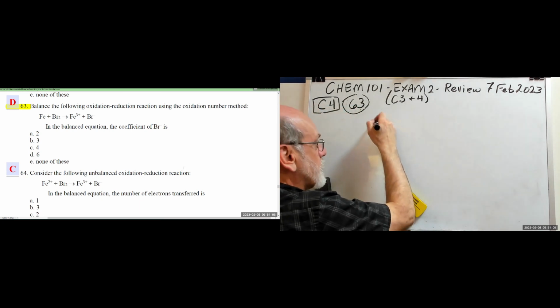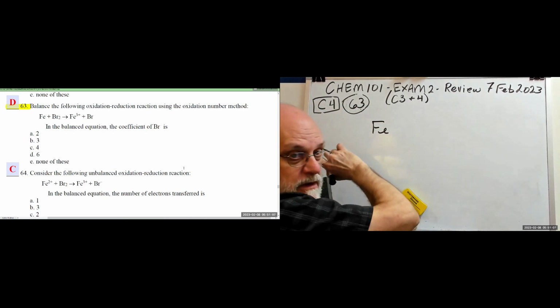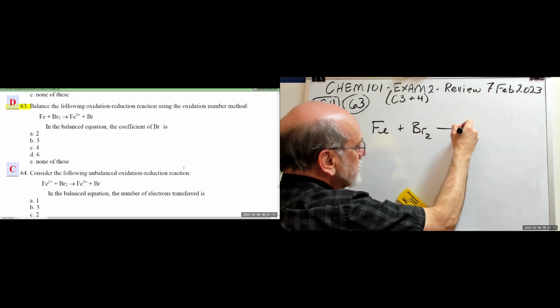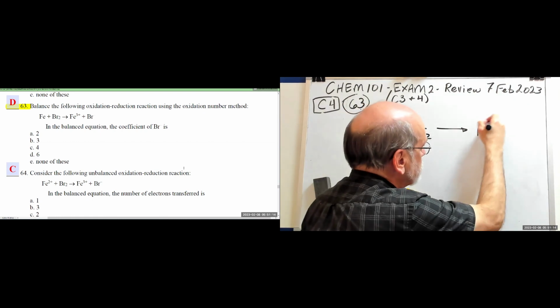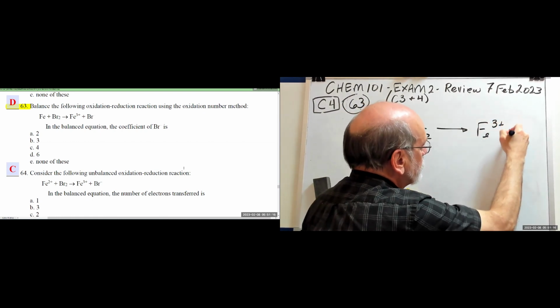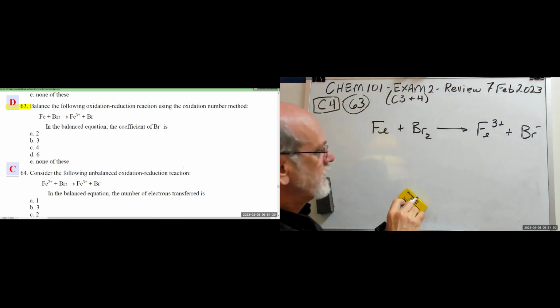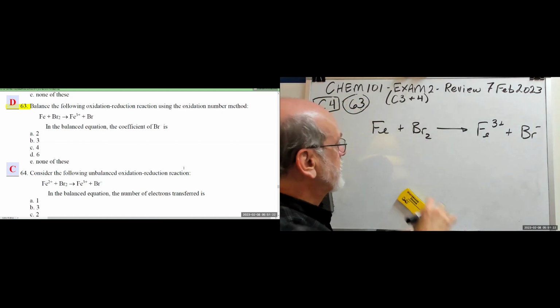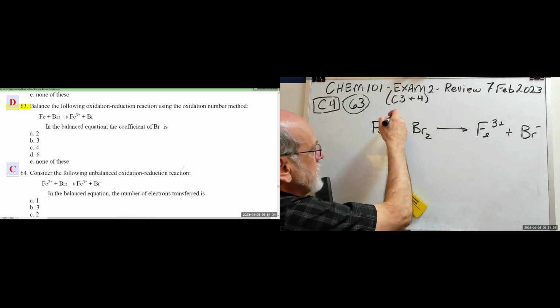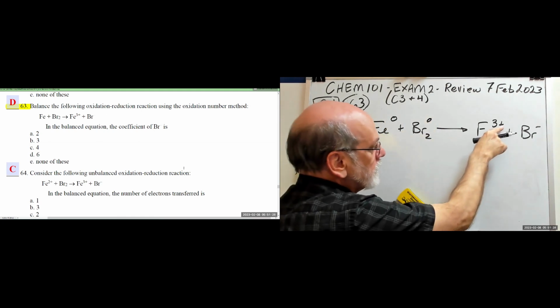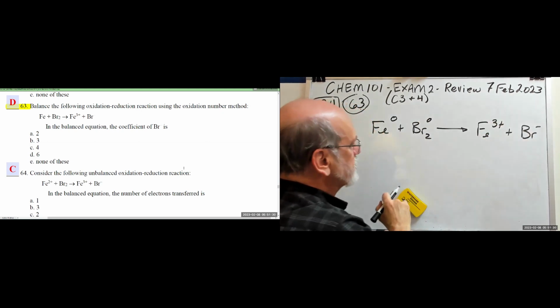All right. So if we're starting off with this one plus this one yields this one plus this one, correct? Yeah. So the oxidation reduction method says you determine the oxidation state of each one: 0, 0, 3 plus, and 1 minus.